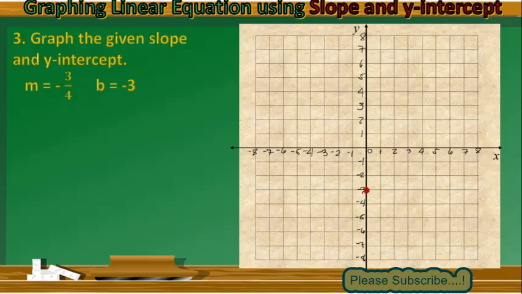We count 3 steps, 1, 2, 3. Our run is 4, and since the slope is negative, we will turn left 4 counts. 1, 2, 3, 4. So this is the point. Okay, we connect that one. That is our graph of the third problem.